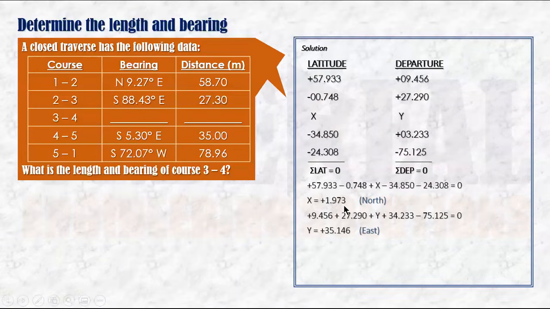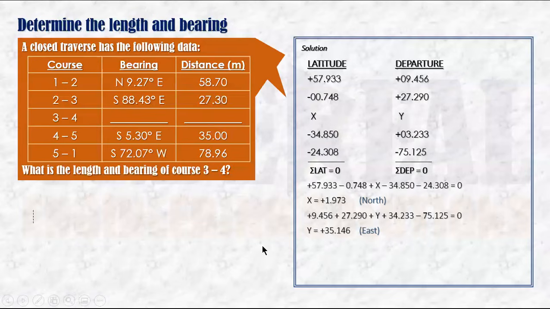Well, x is 1.973. It's positive, and since it's positive, that is north. Now, if it had been negative, then it should be south, no? And also, if this had been negative, then it should be west, no? But since these are all positive, then the direction of that closure line, the course 3-4, must be northeast.